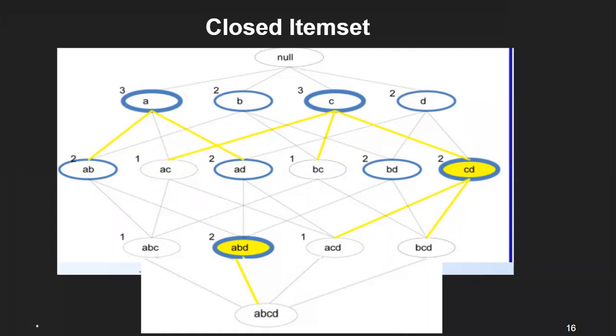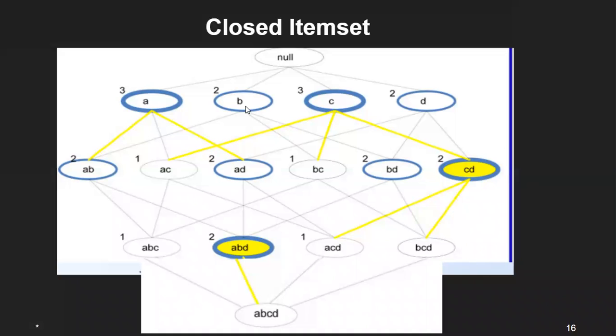So let's see what this lattice diagram shows here. It shows the maximal, closed and frequent item sets. The item sets that are circled with blue, and I'm talking about a light blue, not the thick blue, are the frequent item sets.